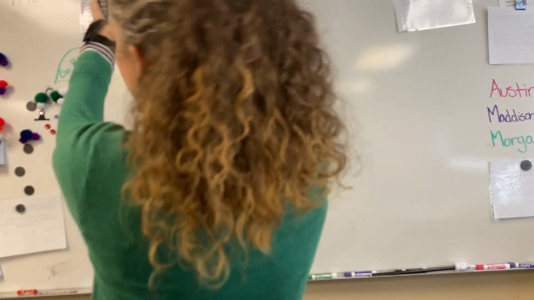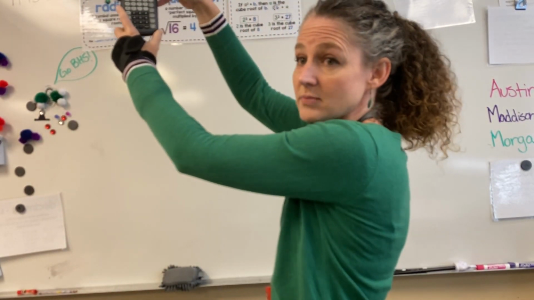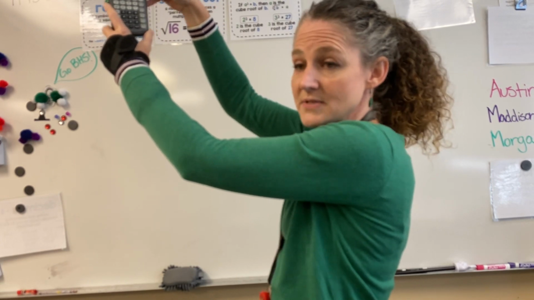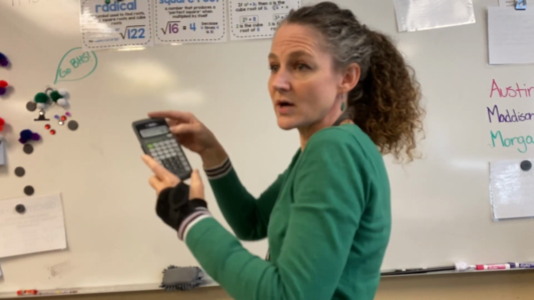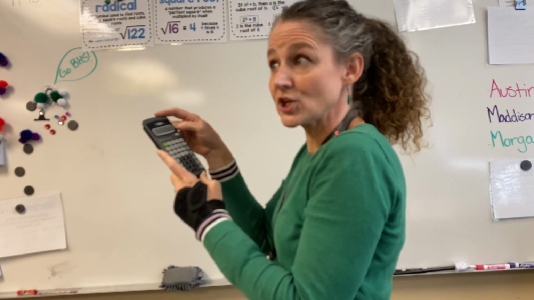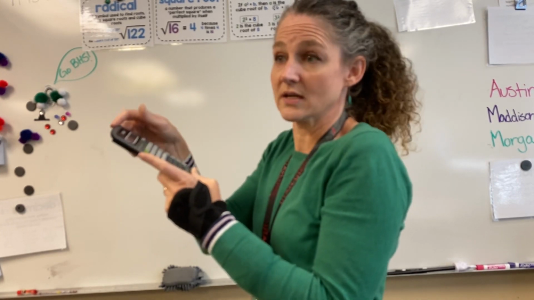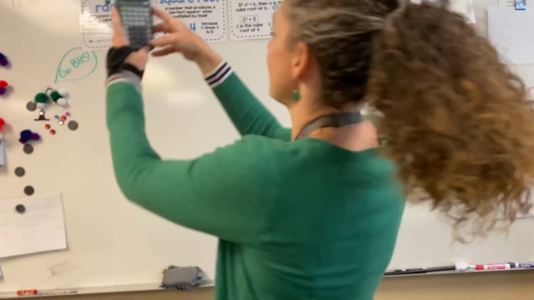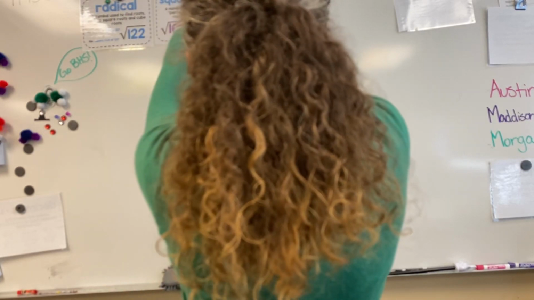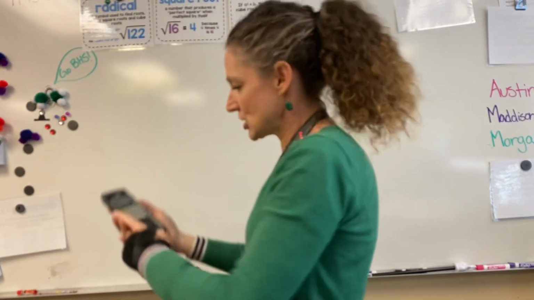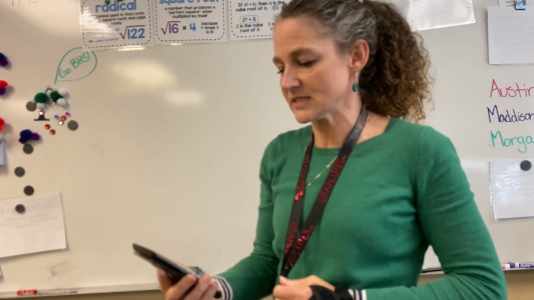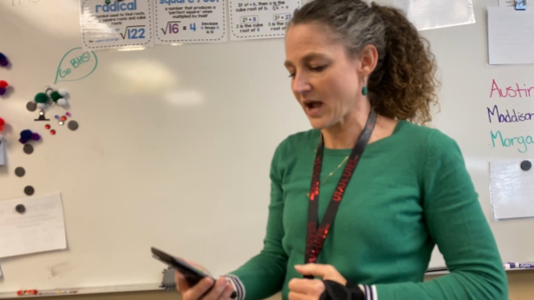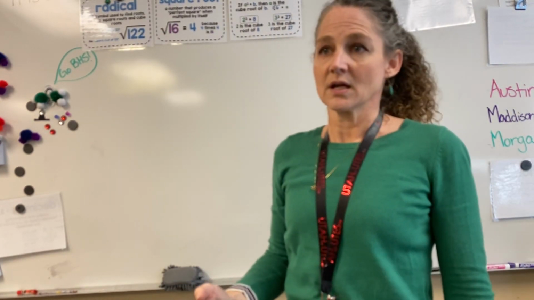Now, which root do I want of this number? I've already typed in 18, that's my y. I want the cubed root of it, which is 3. So I type in a 3, and then I hit enter. And I get that the cubed root is 2.620741394.